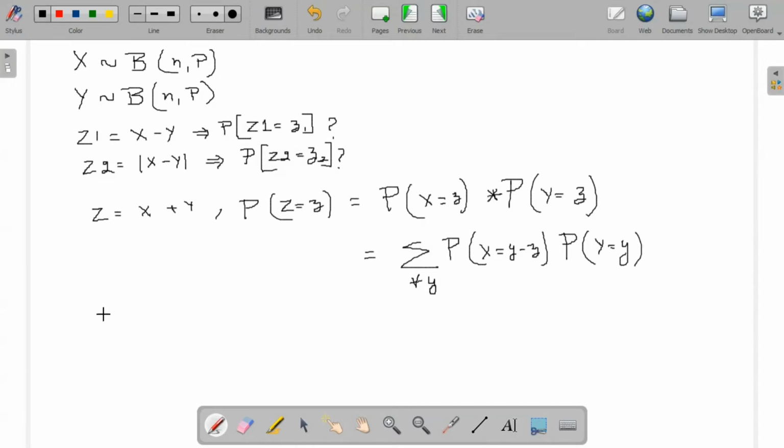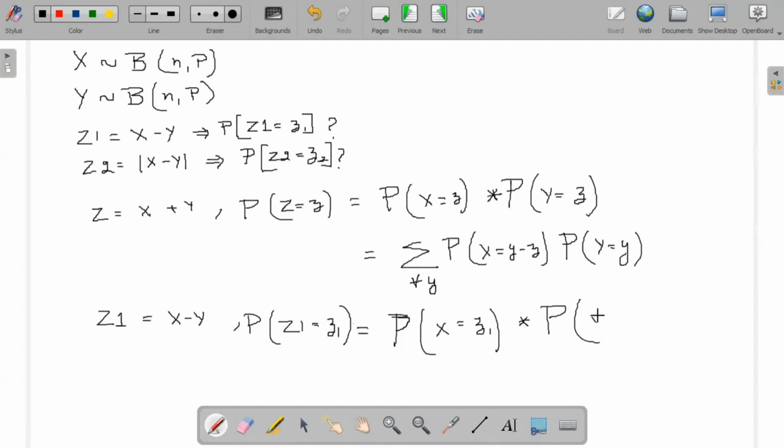This we know. So similarly for Z1, which is equal to X minus Y, the probability Z1 equal to small z1 will be the convolution of probability X is equal to z1 with probability Y is equal to minus z1.